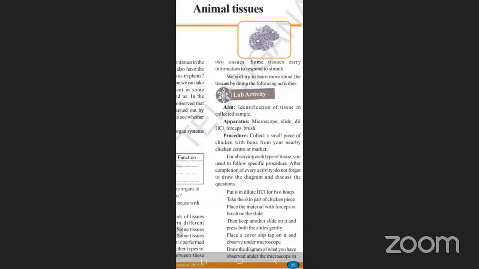After observation, you have to go for the result. After the result, you have to write your own conclusion, finally what we are thinking about that particular lab activity.